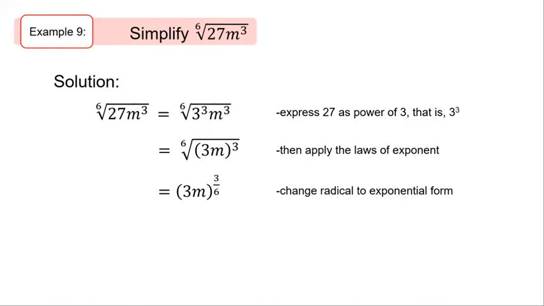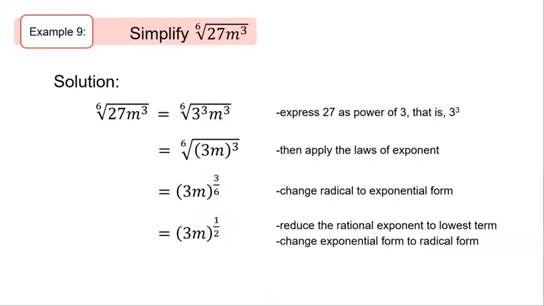Then, change radical to exponential form. Yung 6th root of the quantity of 3m cubed natin, naging the quantity of 3m raised to the power of 3 over 6. So, reduce the rational exponent to lowest term. Kaya yung 3/6 natin, naging 1/2 na lang.